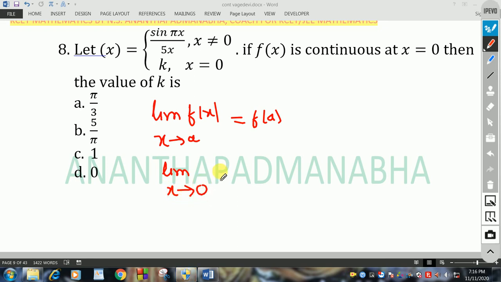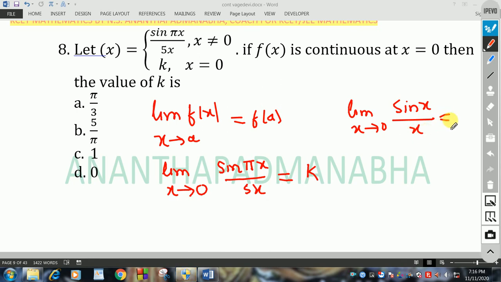So limit as x tends to 0 of sine of pi x by 5x is equal to k. So let us use this limit as x tends to 0 of sin x by x is equal to 1 here. I have sin pi x, I should have sin pi x by pi x to make this 1. So we will manipulate this.